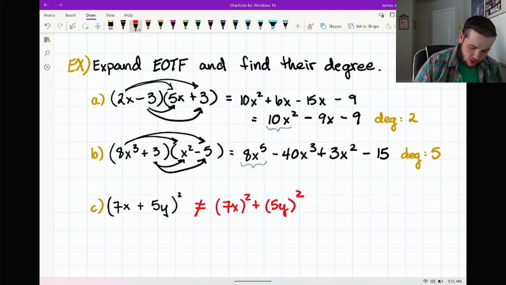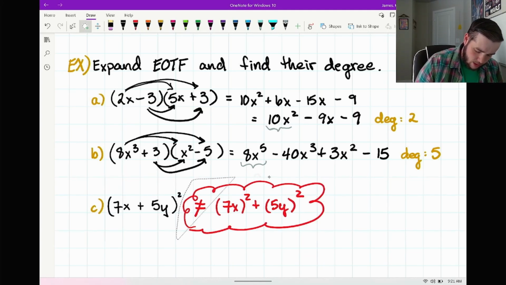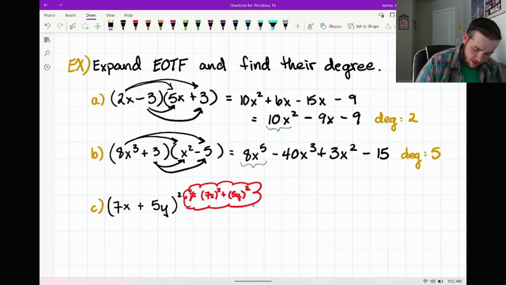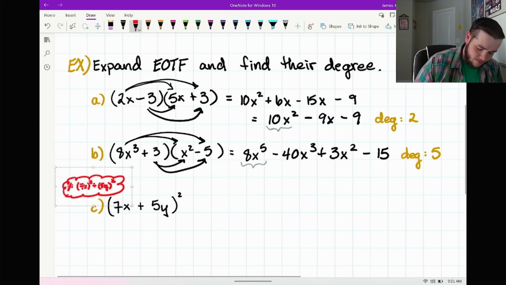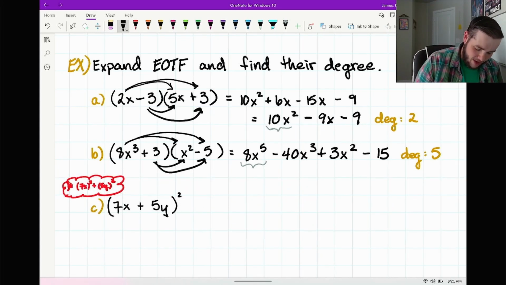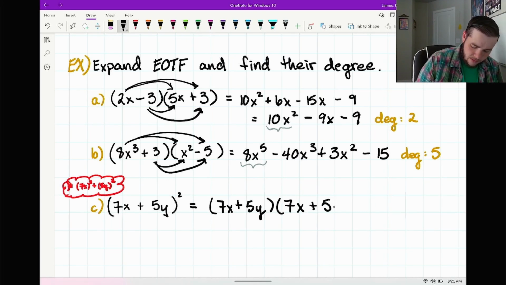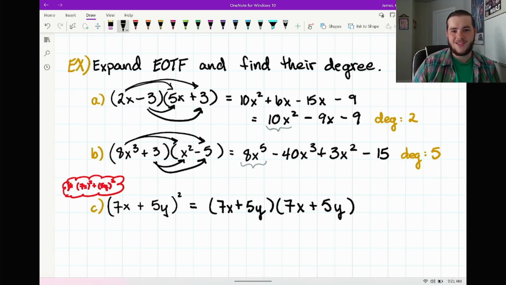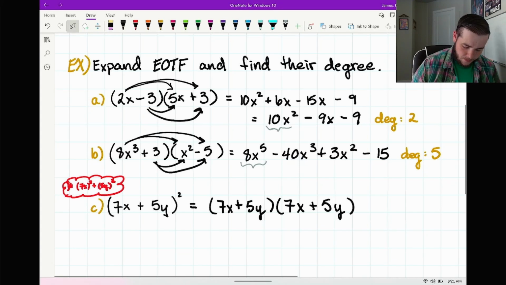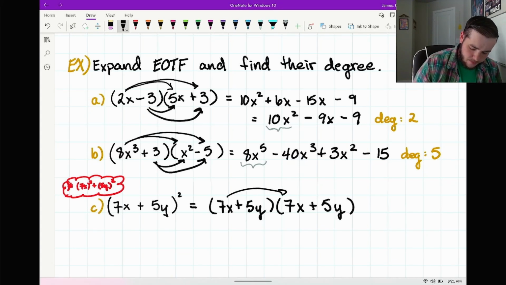So what this is actually equal to, and I'm going to put this in a thought bubble and shrink it down so we can repress that bad thought, is 7x plus 5y times itself. Now, I FOIL it out.